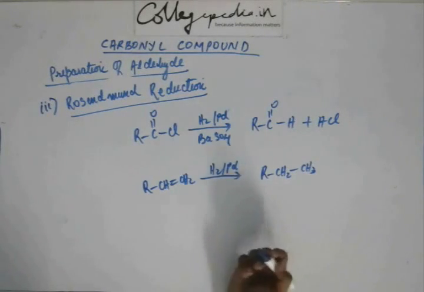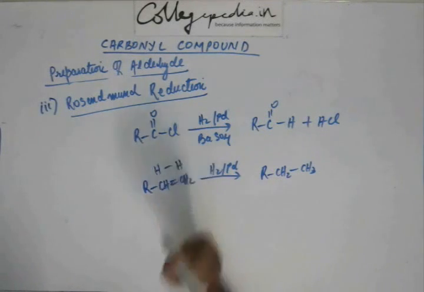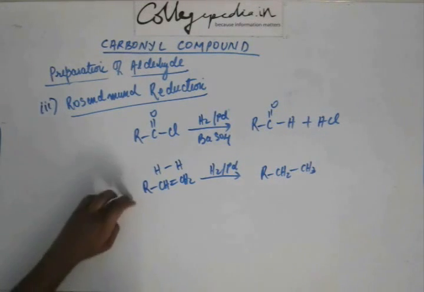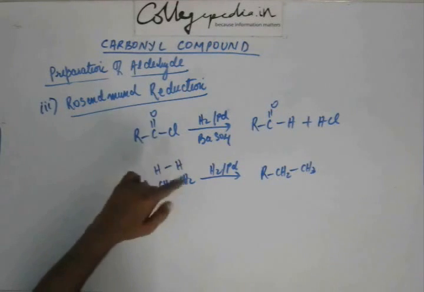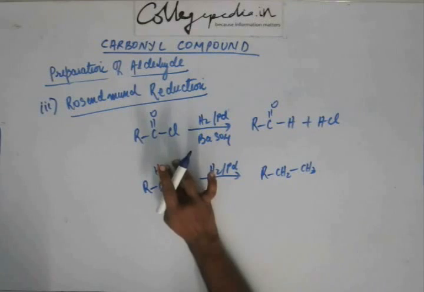That means a hydrogen here and a hydrogen here is added on this. How does that happen? This hydrogen gas comes close to this alkene, and when there's a high pressure in the chamber where this alkene and this hydrogen are kept, under that high pressure the hydrogen bond, being a weak bond, breaks like this.